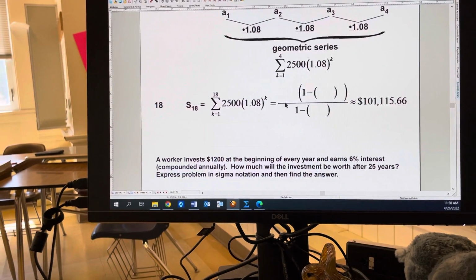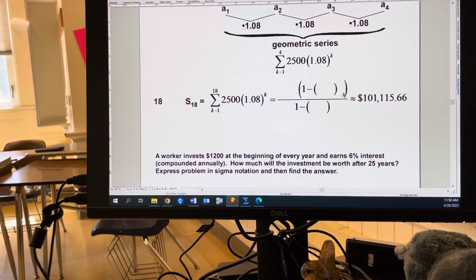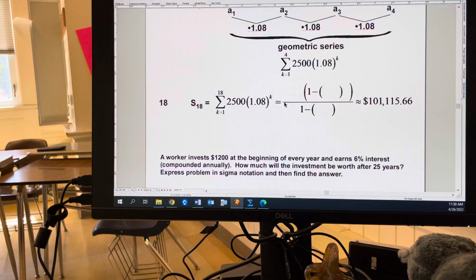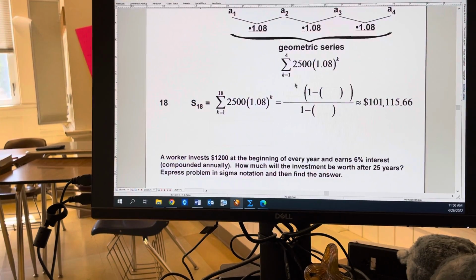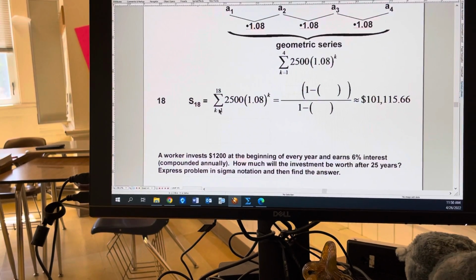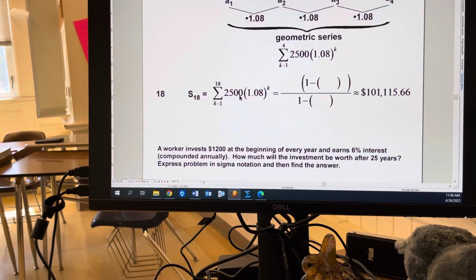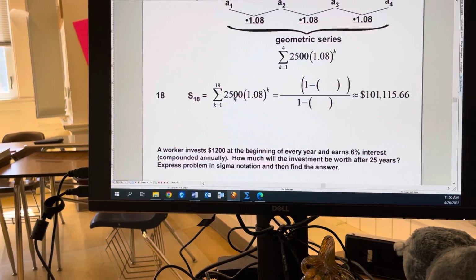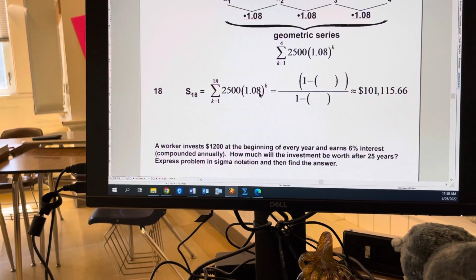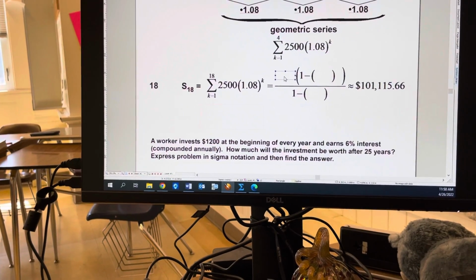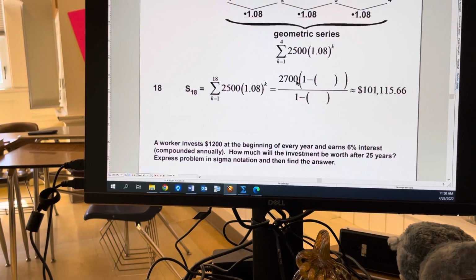And if you remember from the first side of these notes, we have our formula here. So remember, A1, guys, is where K equals 1. If I plug in K equals 1, I'm going to get 2,500 times 1.08 to the first, which is going to give me 2,700.